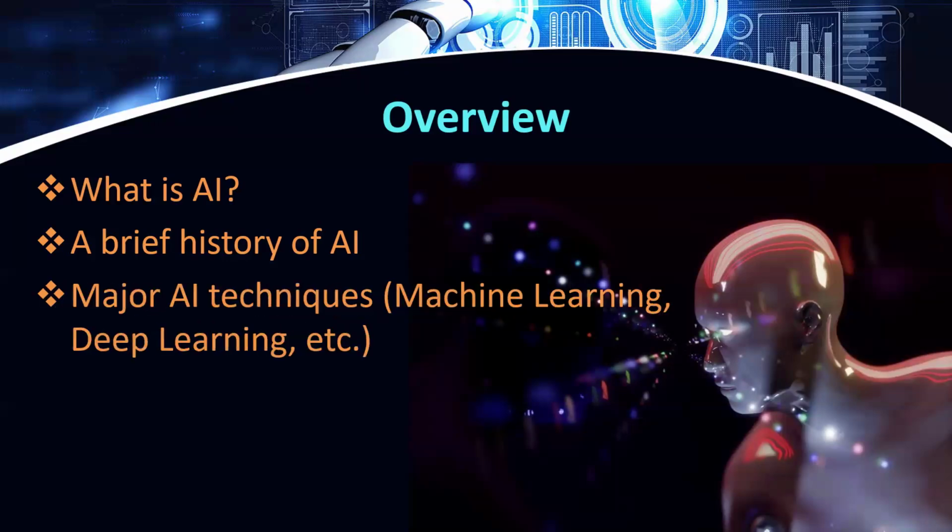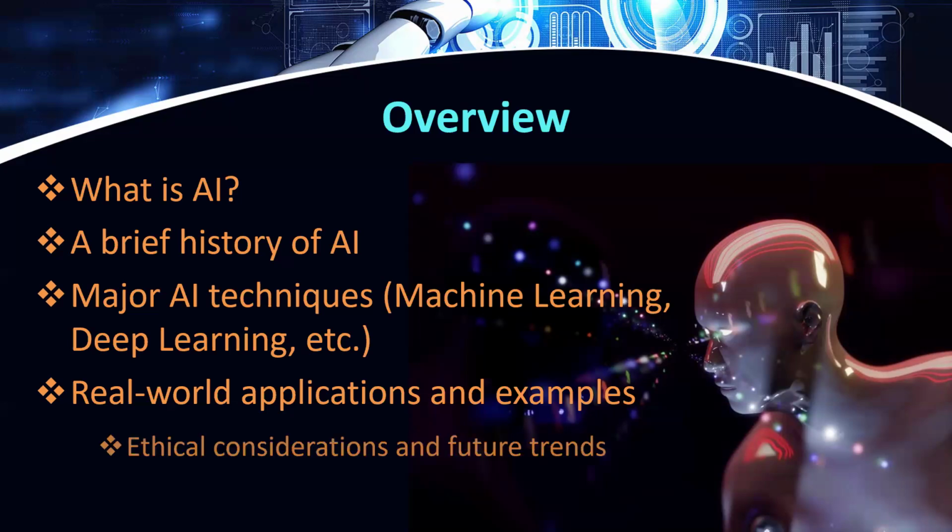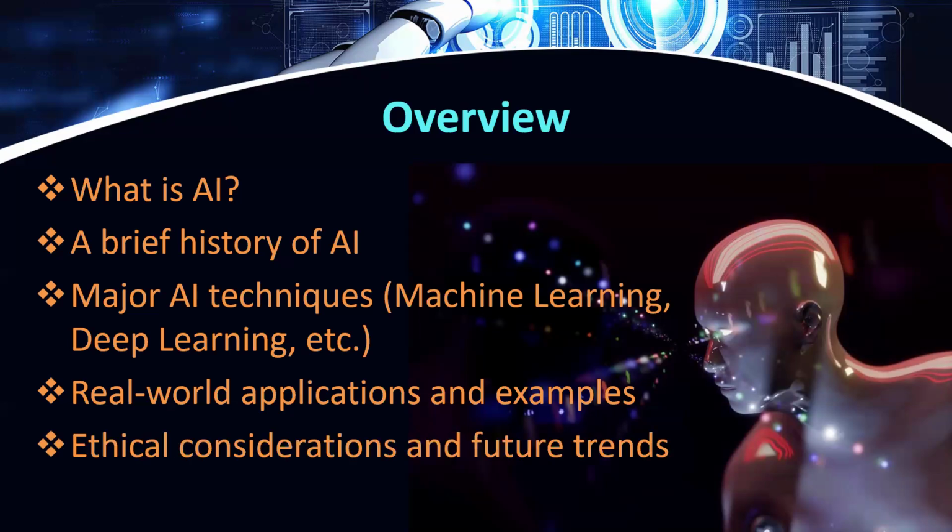We'll also check on major AI techniques, such as machine learning and deep learning. We'll also look at real-world applications and examples of AI technologies, and ethical considerations and future trends of AI.